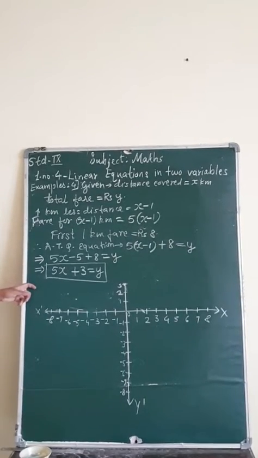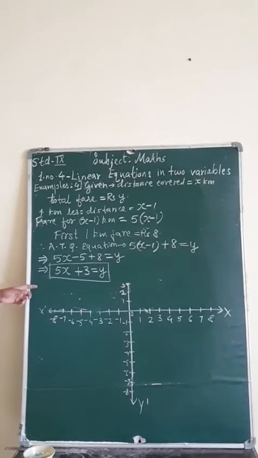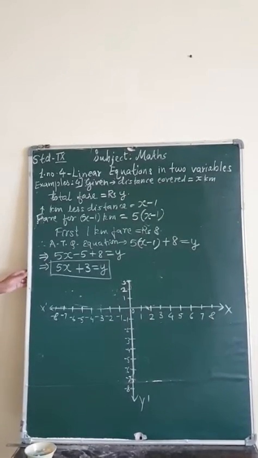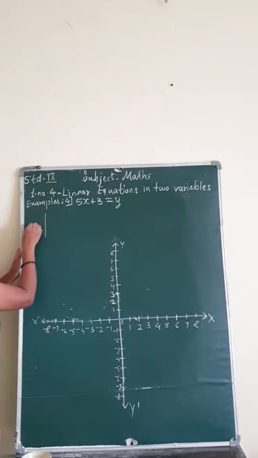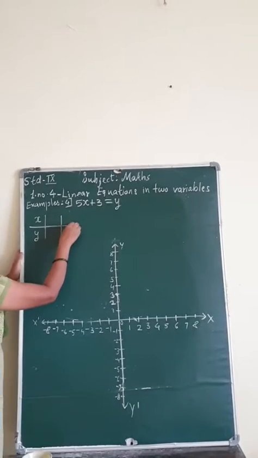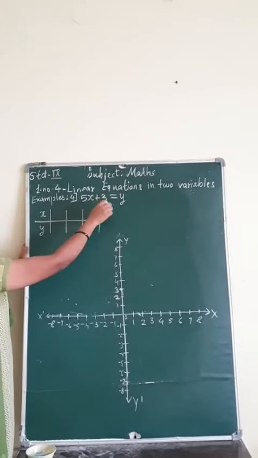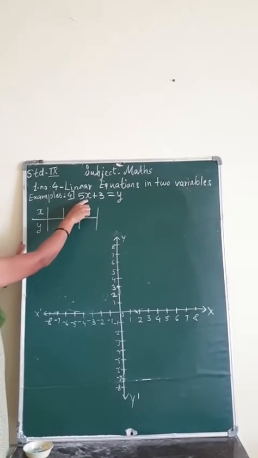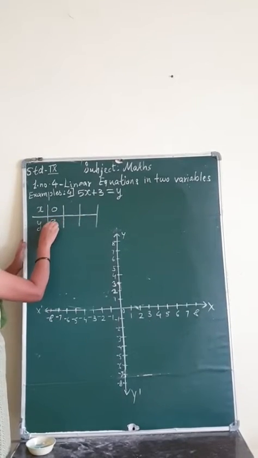Write this equation, then we will find the solutions and draw a graph for it. So now let's take values for x and y. If x is 0, then this whole term will be 0 and y will be 3.